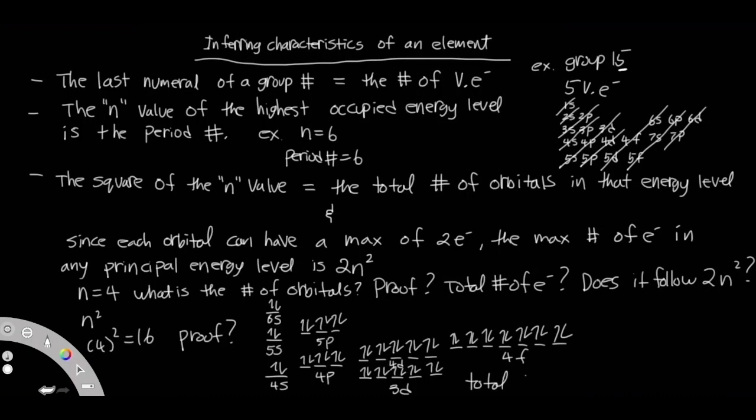Total number of electrons. Now, what is the total number of electrons for the principal quantum number 4? If you were to look at it in terms of its valence, this would be it.